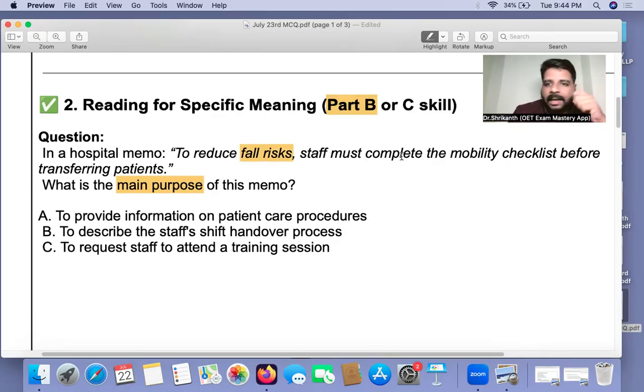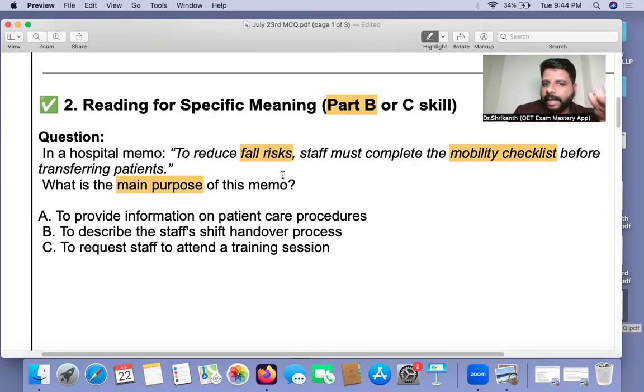The staff must complete the mobility checklist. Checklist means what? So tick number 1, tick number 2, tick number 3. So we must make sure the patients undergo a mobility test, and they complete the mobility checklist before transferring patients. So if they do this, there will be reduced fall risk.